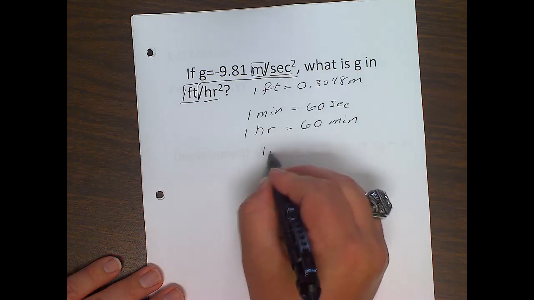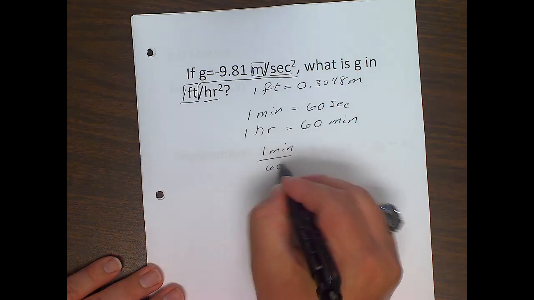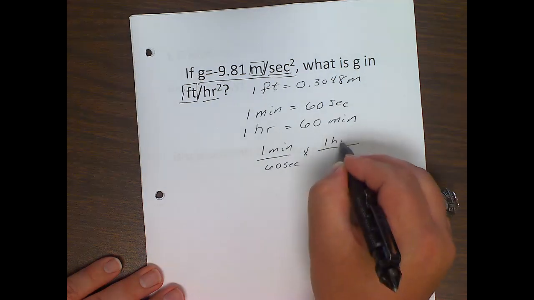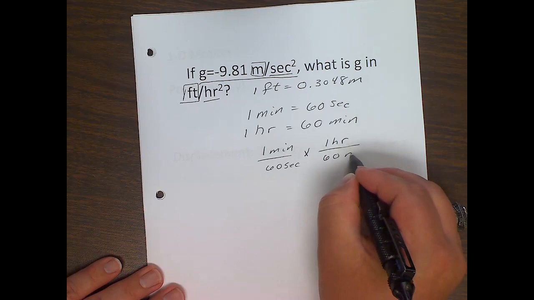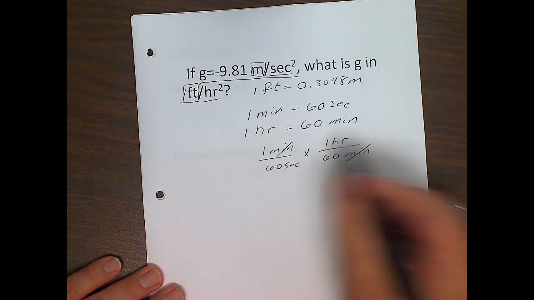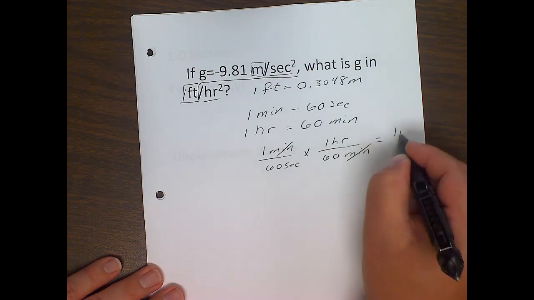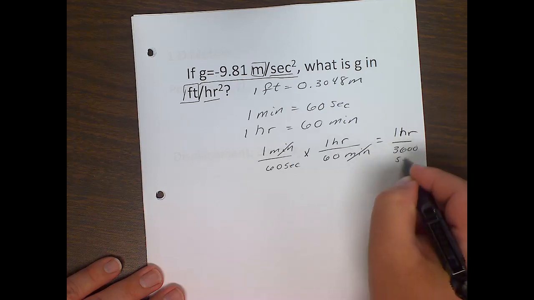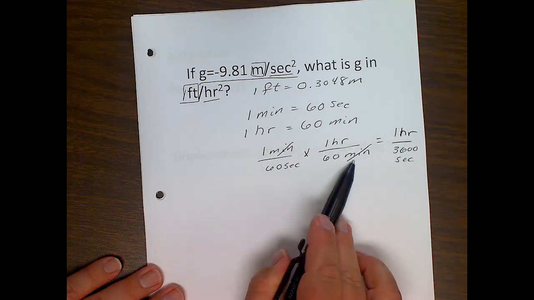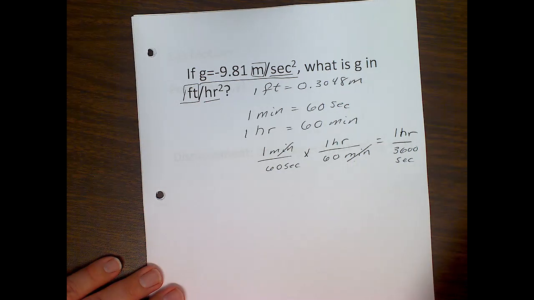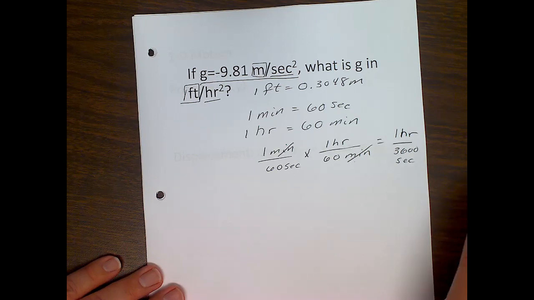We could do 1 minute over 60 seconds times 1 hour over 60 minutes, and we would choose our arrangement so we end up with 1 hour over 3,600 seconds. When choosing them this way, the minutes will cancel. If you mixed, you'd have minutes squared per hour second or hour second per minute squared, which is going to give you a mess.